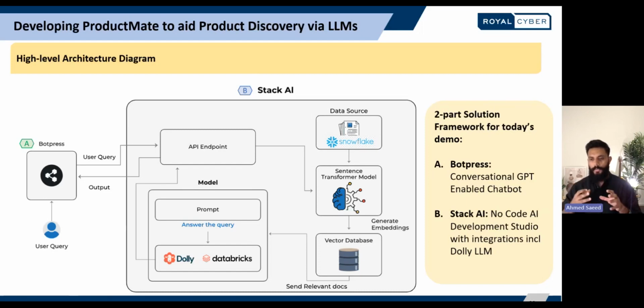The query is then sent to Stack AI, which provides us with the ability to run large language models like Dolly and connect to the proprietary data sets. Now, this schema also leverages vector databases, which can wrap themselves around the transformer model embeddings, and then render the output back to BotPress via an API endpoint. And then the user basically gets to see the response to their query or prompt.